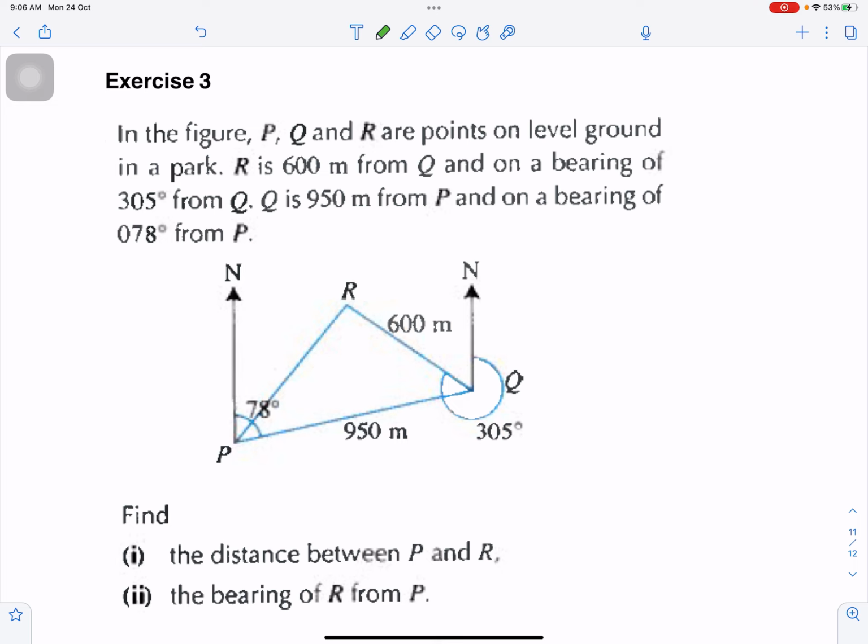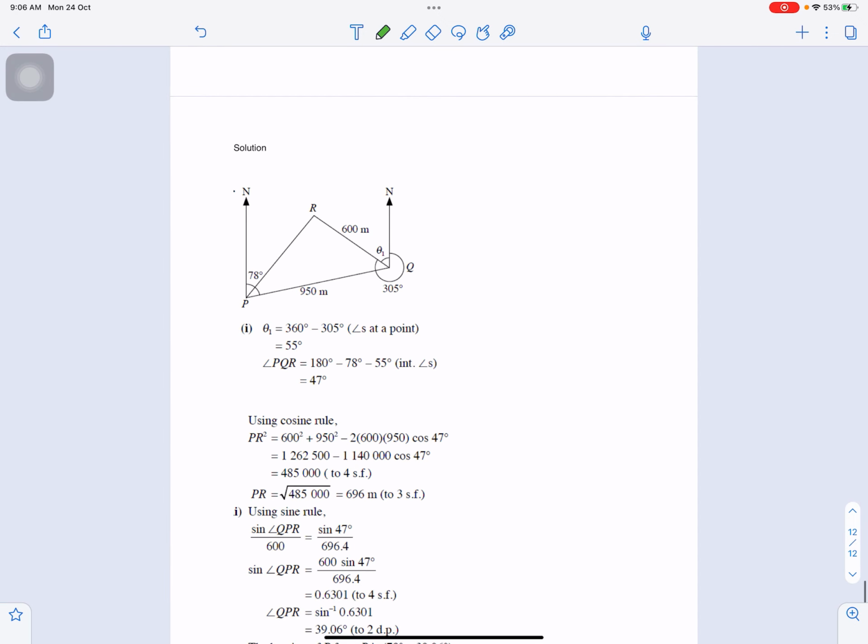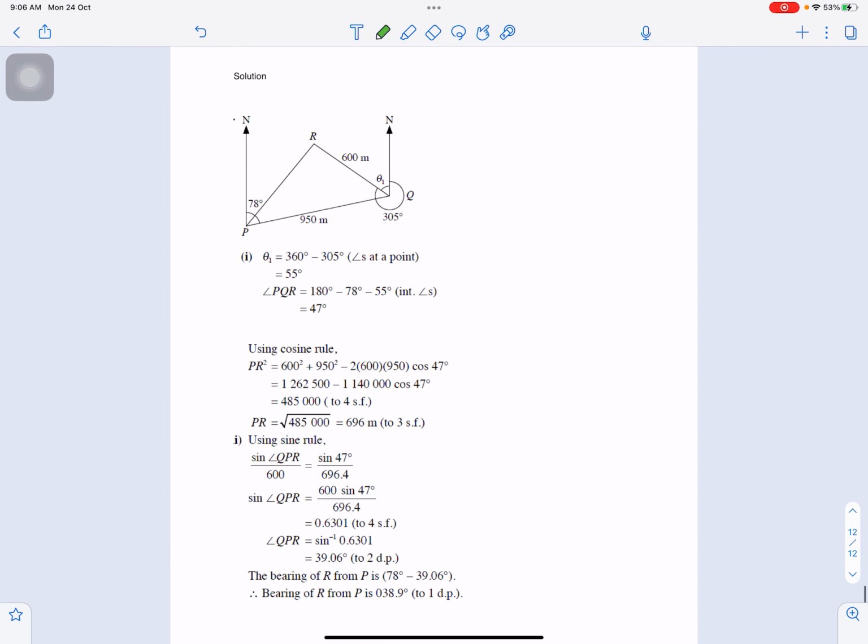Once you finish your working, you can check it yourself, and it is given in detail. If you have made a mistake, you will understand through the working also. So let's see the solution. I'm decreasing the size so that it can come all in one page.